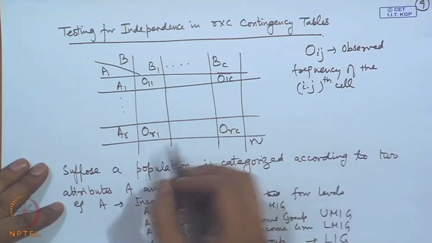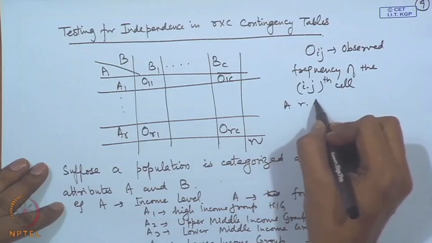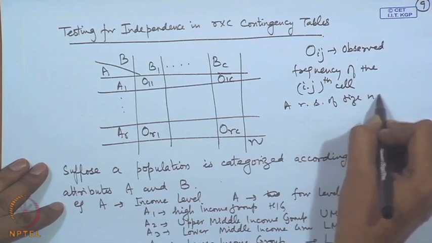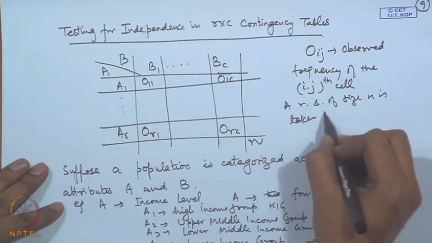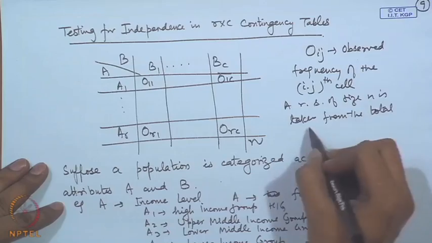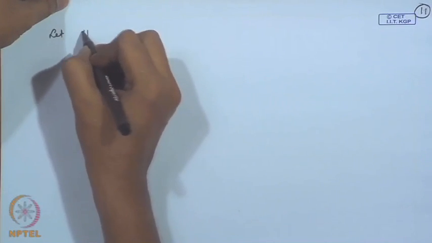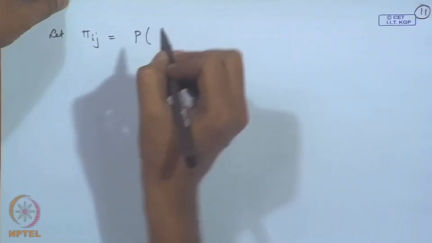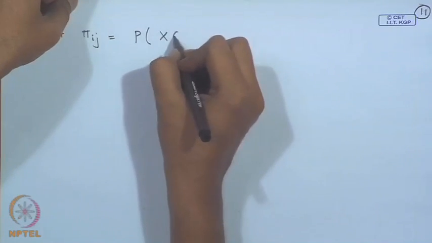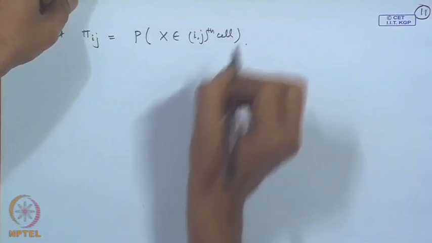Now, I have considered a random sample of size n, a random sample of size n is taken from the population. Let us consider, let pi_ij be the probability of the observation belonging to the ijth cell.